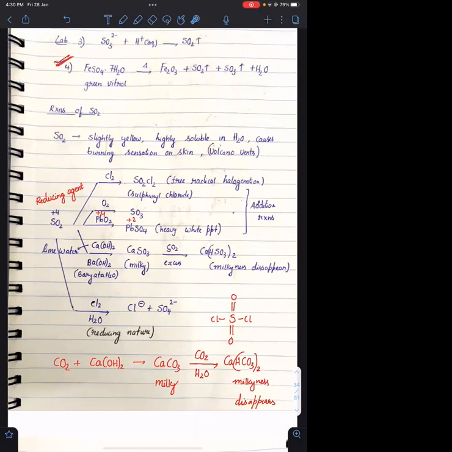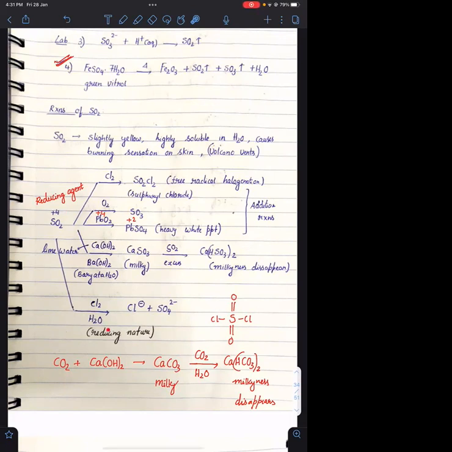Similarly, here calcium bisulfite is obtained, which is also soluble, and the milkiness disappears. Exactly the same, whether adding SO2 or CO2, you get the same kind of products. First calcium sulfite formed, which on further reaction with SO2 converts into bisulfite. Similarly, here calcium carbonate formed, which on further reaction converts into bicarbonate, which is soluble. Is that clear?